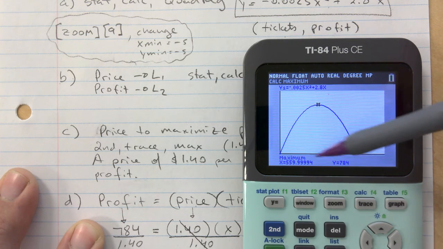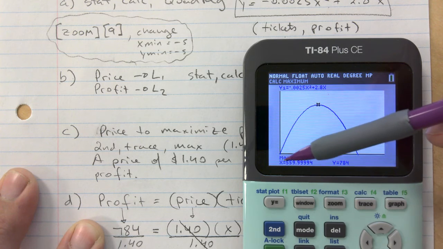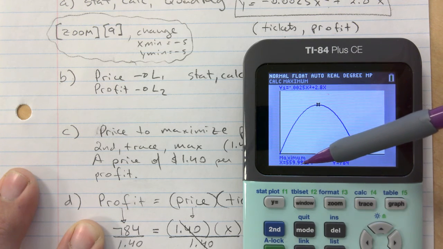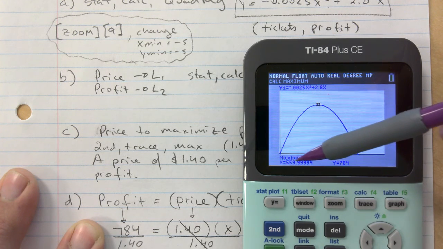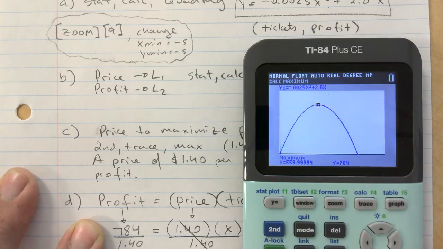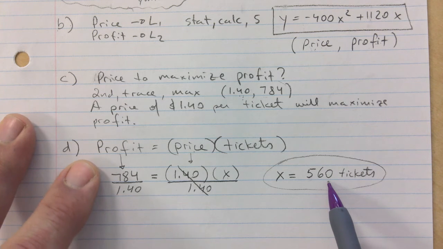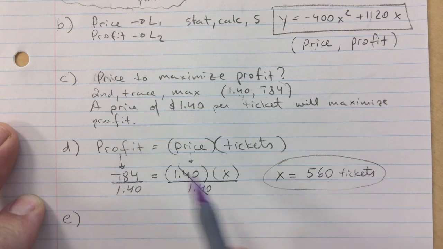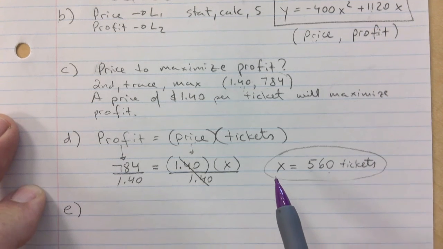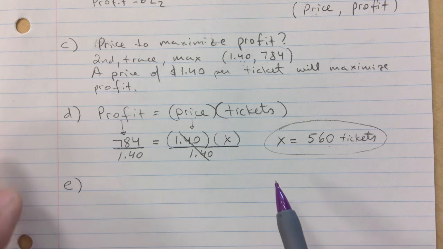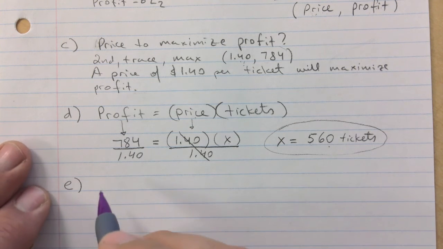It never changes. What is your maximum number of tickets in this case? 560, right? This rounds to 560. Isn't that what we just found here, right? So there's various ways of getting there, but this would have been the easiest way, in my opinion, instead of having to retype everything. E, what's the maximum profit?